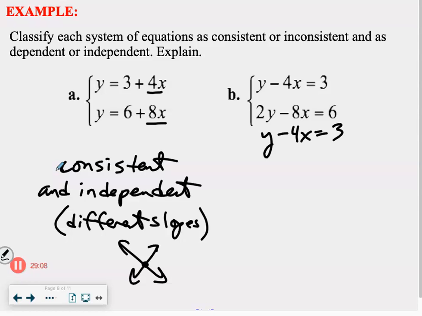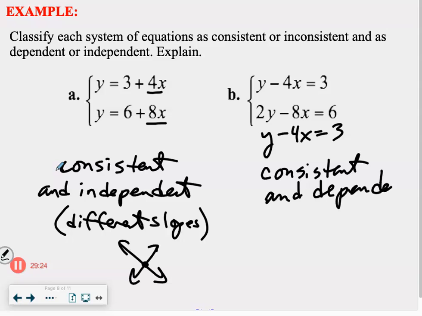They're the same line. The exact same line, which means this solution is consistent and dependent. How do we know?